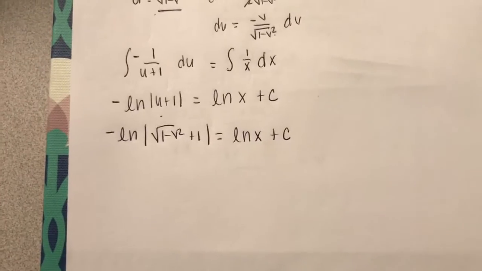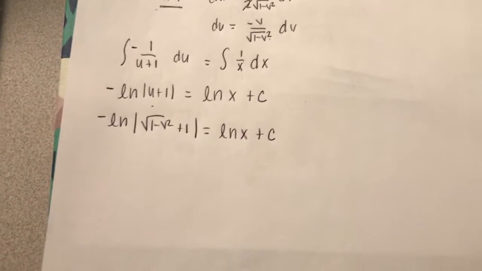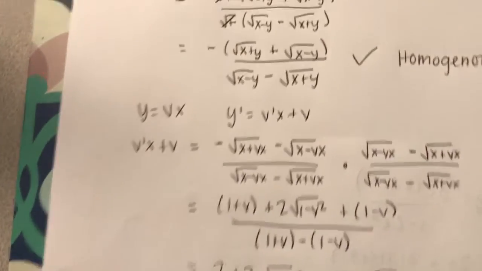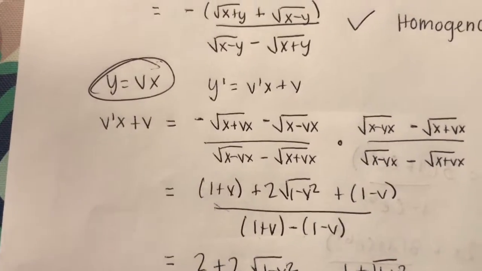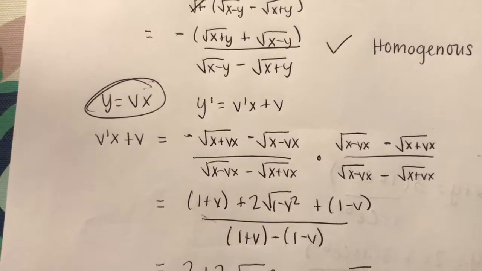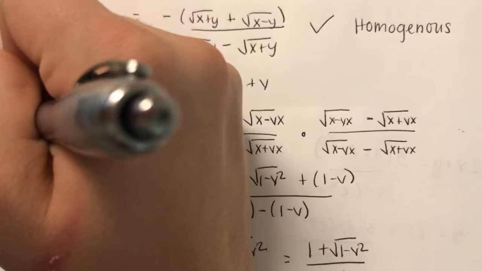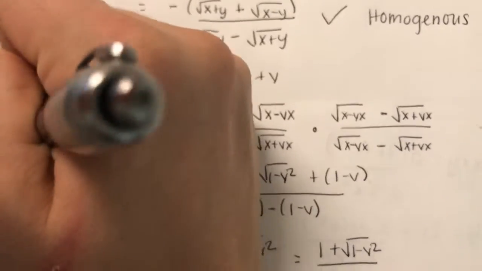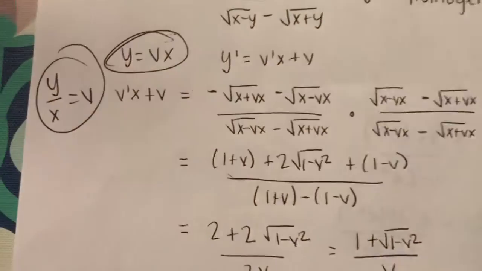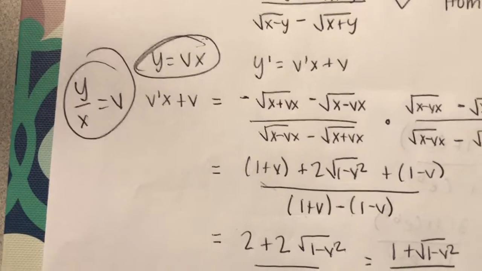So now we did that substitution, but we have to look back to where we started. How did we get in terms of v? Well, we set u equal to vx, right, in this step right here. So in order to solve for v, I'm just going to divide by x. So I get y over x equals v. So I'm going to substitute y over x in for v.